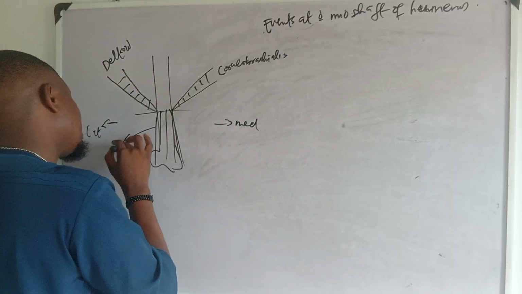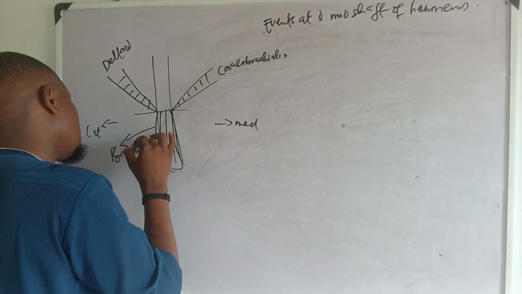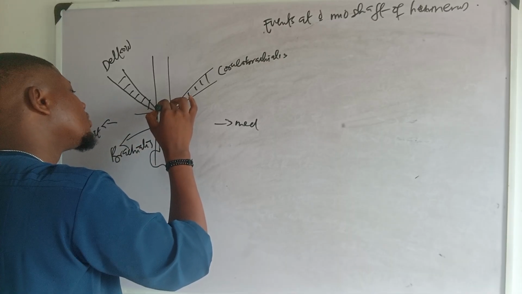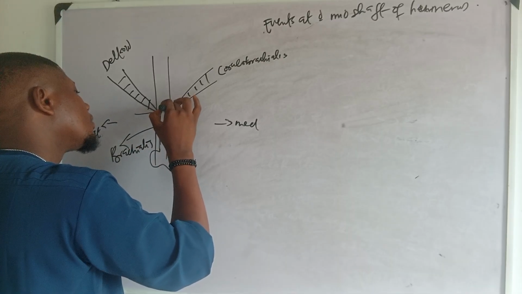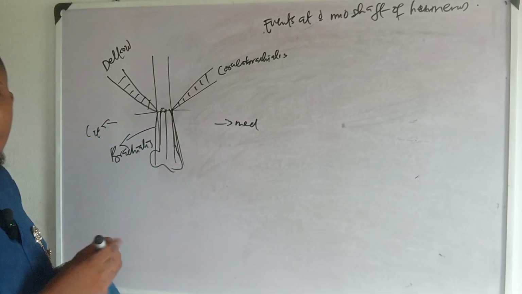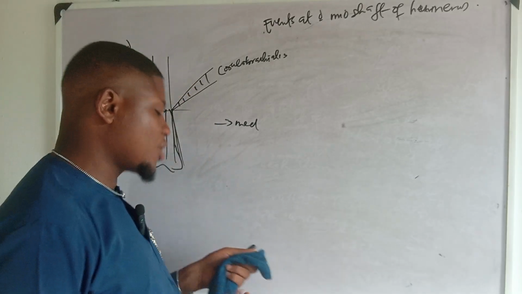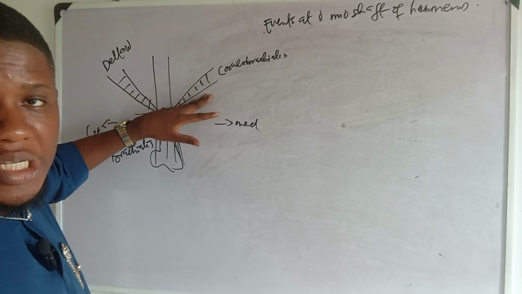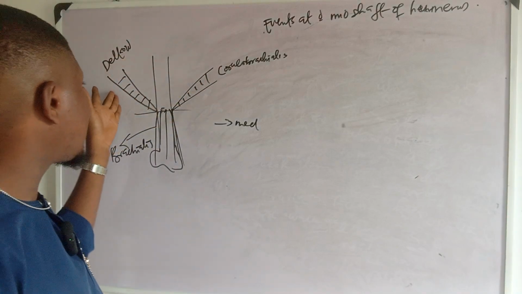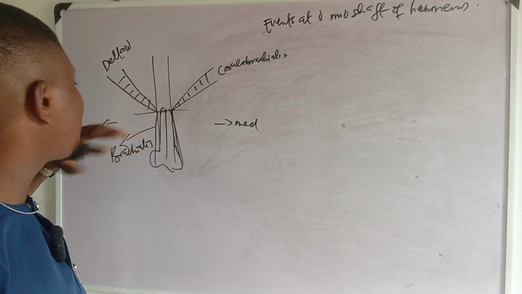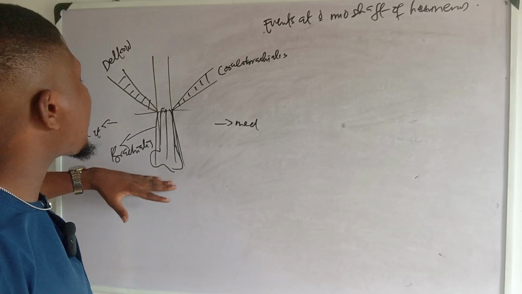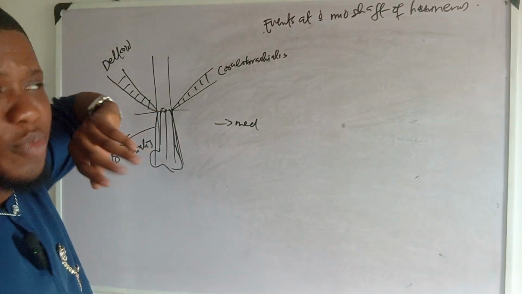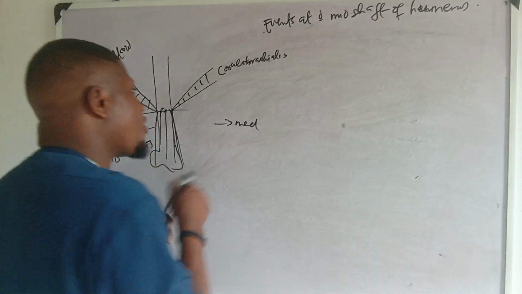This is the brachialis muscle. Then you see the radial groove at the back. So from this diagram, you can see four events already. Number one is the insertion of coracobrachialis at the medial aspect of the mid shaft. Number two is the insertion of deltoid at the lateral aspect of the mid shaft. Number three is the origin of brachialis from the anterior aspect of the lower half of the shaft. Then the radial groove at the posterior aspect of the mid shaft. So we have seen four.